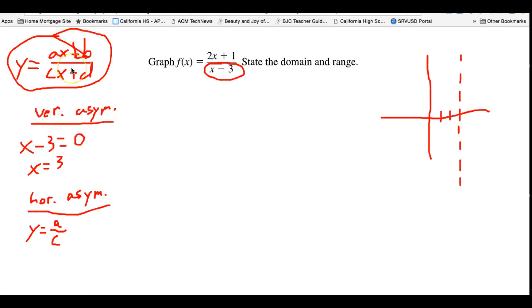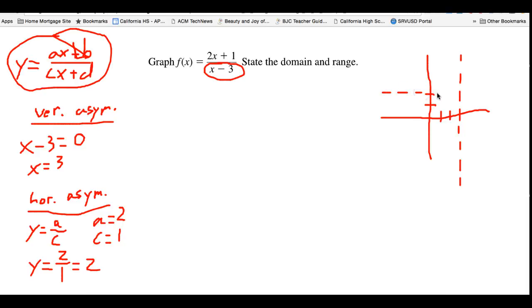So to get your a and c values, you need to look at your original function. And remember, a is going to be your coefficient in the numerator, and c is going to be your coefficient in the denominator. So in this case, we get y equals a over c, which is just y equals 2 over 1, which is equal to 2. So our horizontal asymptote is at y equals 2.